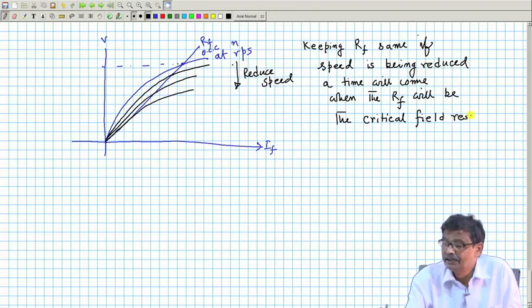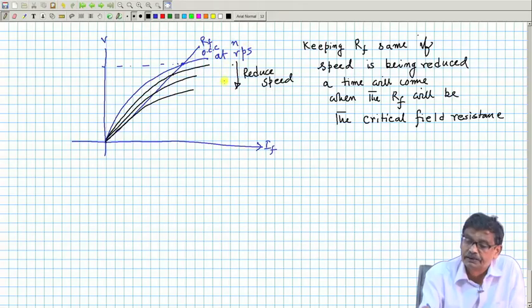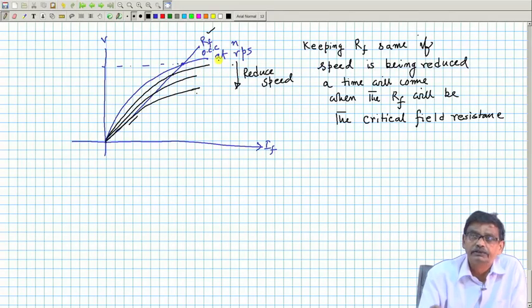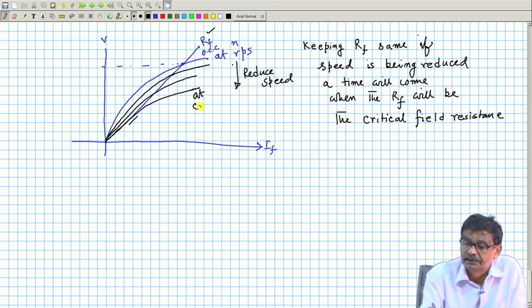I am not varying RF. What I am simply doing? I am reducing speed. Present RF is constant. A time will come when this value of RF will be tangential to an OCC, and the speed, because for each OCC I must mention speed. So, this is OCC, we say at critical speed. I think you have got the idea.